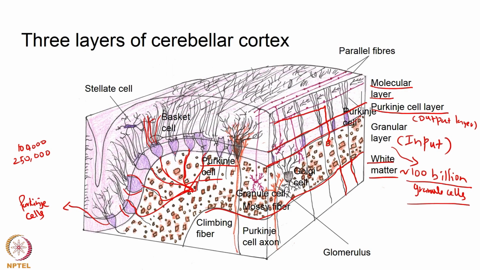They all go parallel to each other, but perpendicular to the dendritic tree of Purkinje cells. Because they are parallel to each other, they are called parallel fibers.